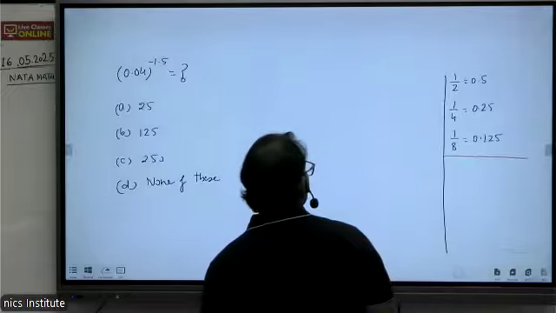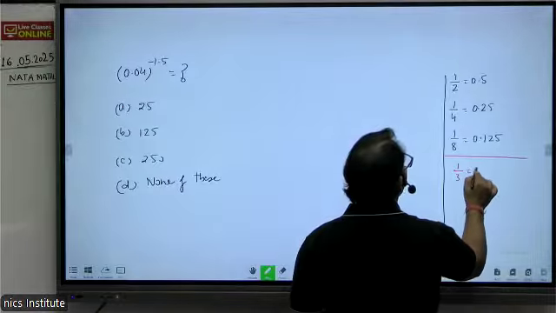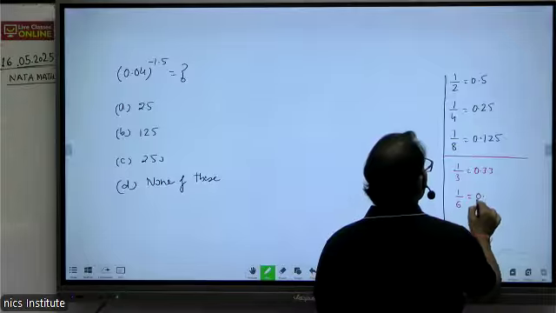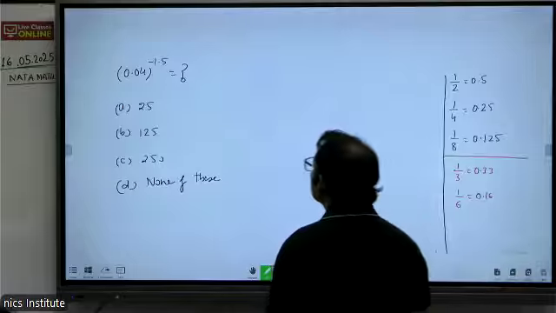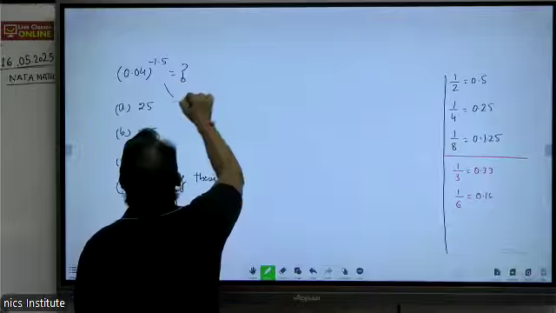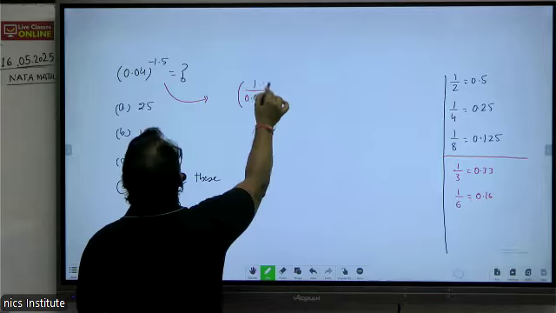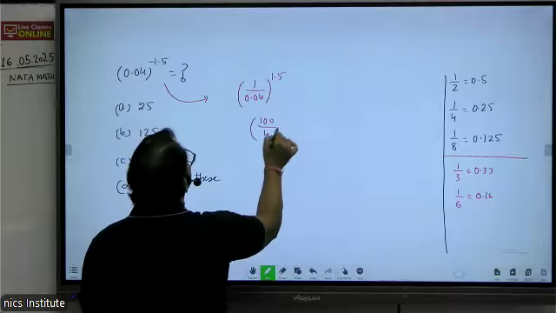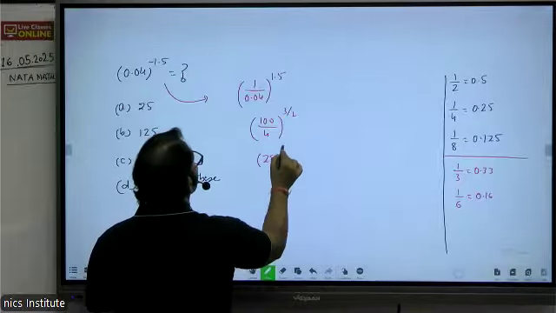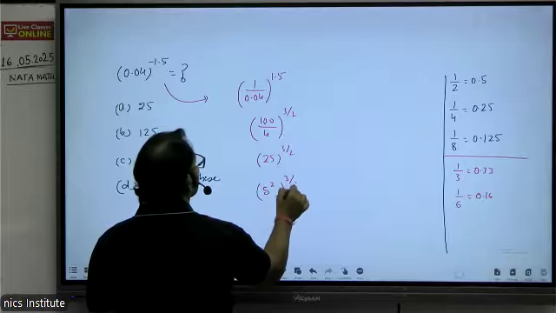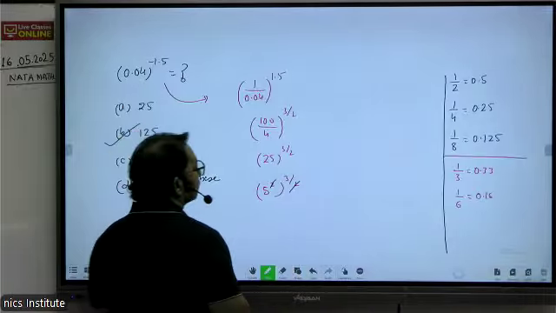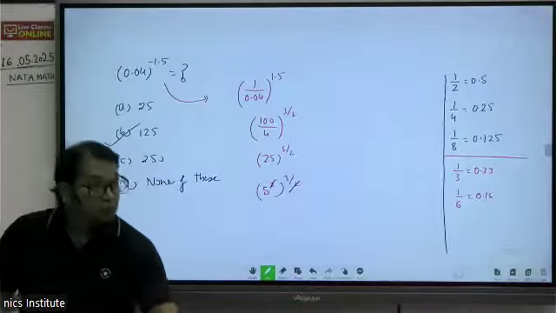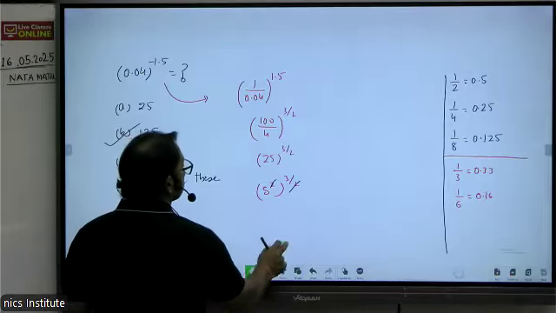Fractions, if we can remember, will be helpful. 1 by 3 is 0.33. So it'll be like this. Five cube.